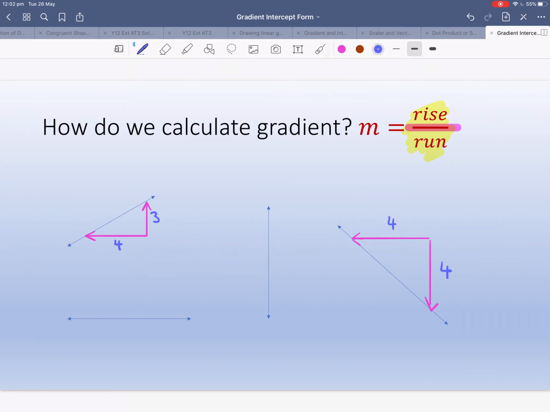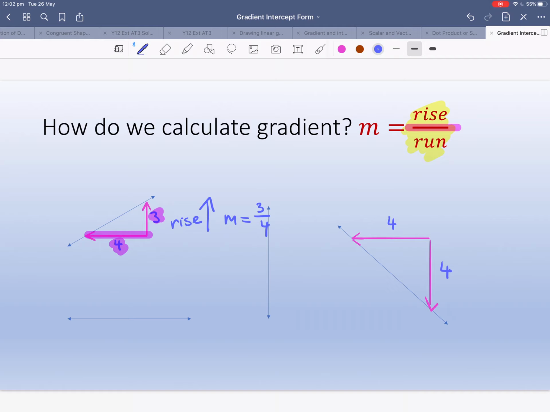Now, here, the rise is where it goes up. So how much has it gone up? 3. So this gradient, we say m, is 3. And how much has it run across? Oh, that's 4. So in this case, the gradient is simply 3 over 4.